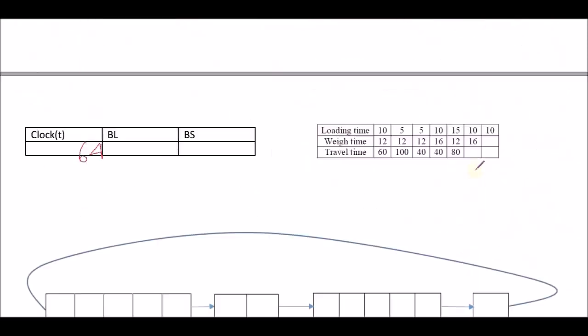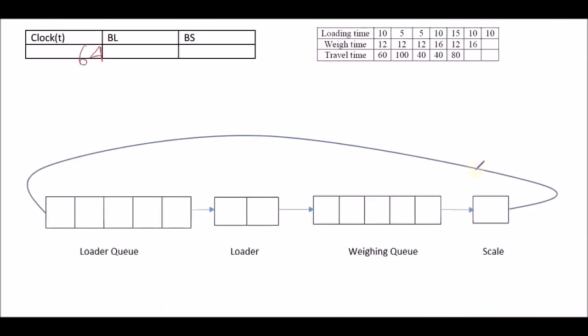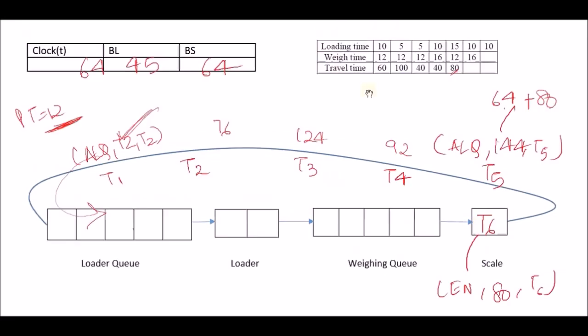So if we draw the flow chart for that, this is busy, this is free, this is free, this is free. The thing that's going to change is that at 64, the scale is going to be taken by T6. I've already written down the events that are going to take place.